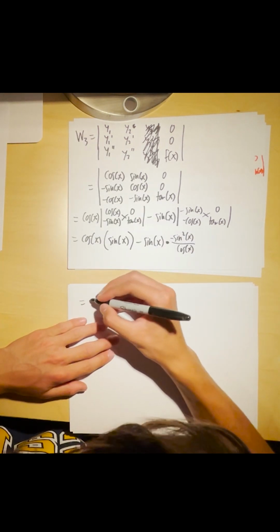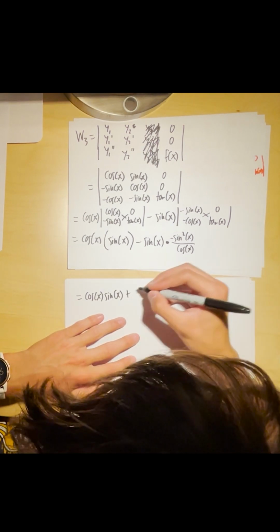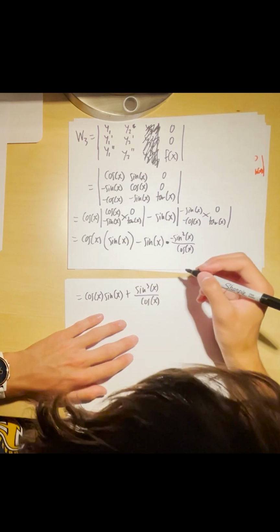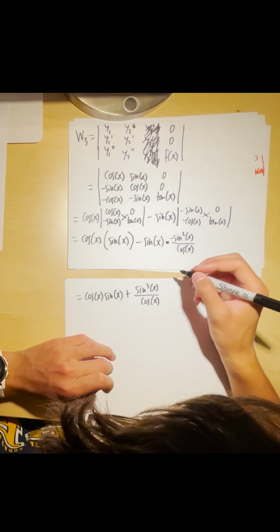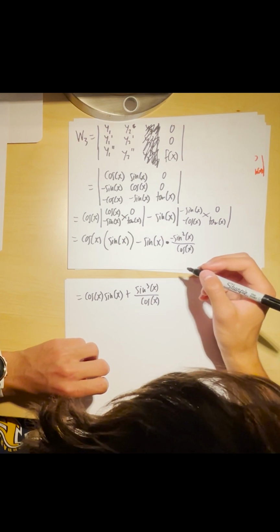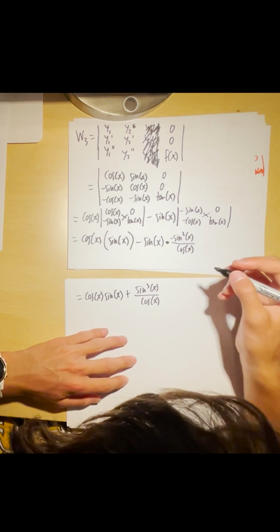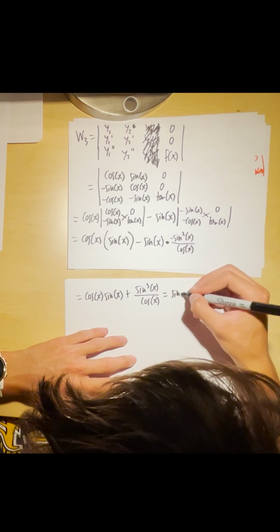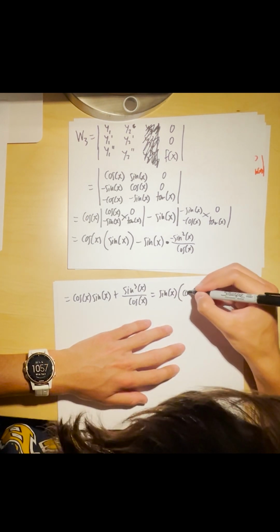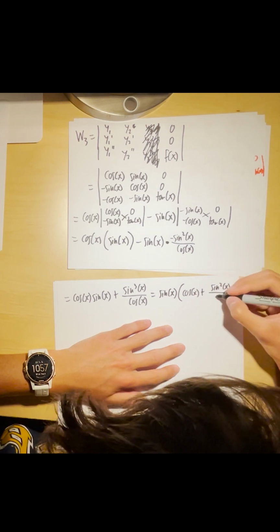Let me rewrite this. First thing I'm going to do is take a sine out of everything. So we'll get sine of x times cosine x plus sine squared x over cosine.